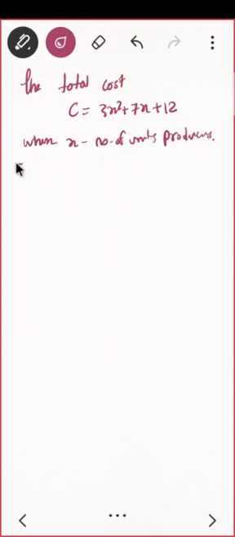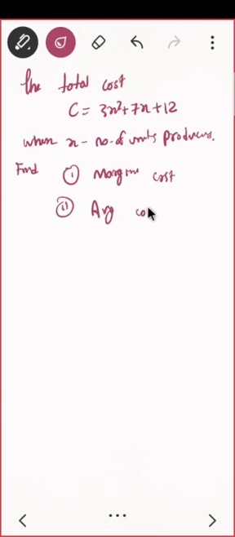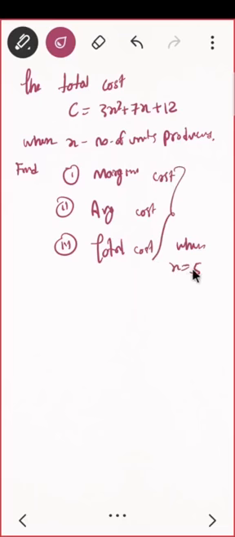Find, first, marginal cost; second, average cost; third, total cost where x equal to 5. X equal to 5 is the point. Can you do that quickly?